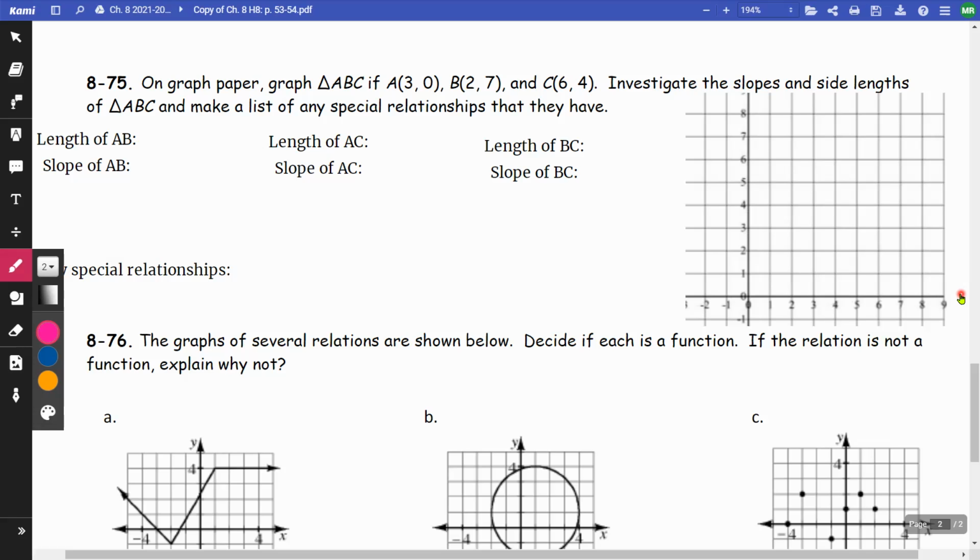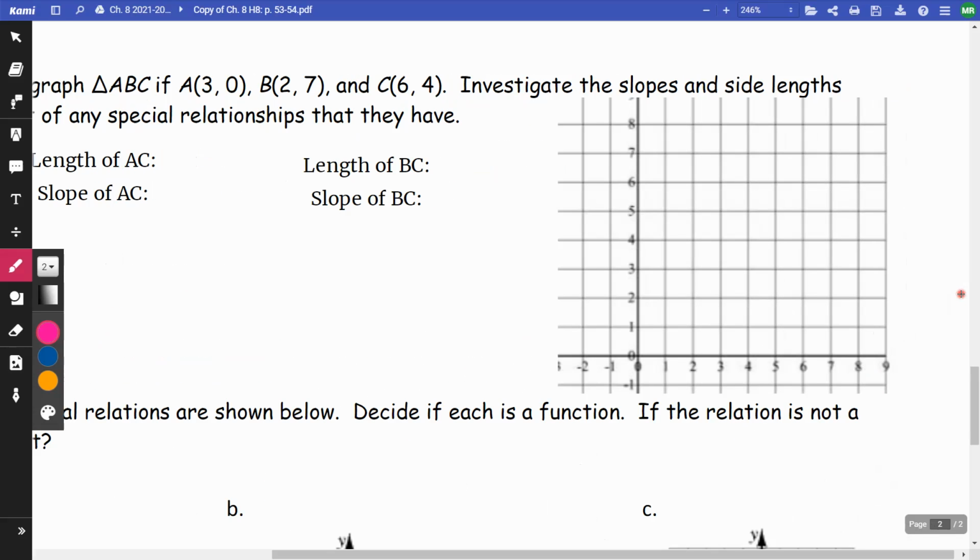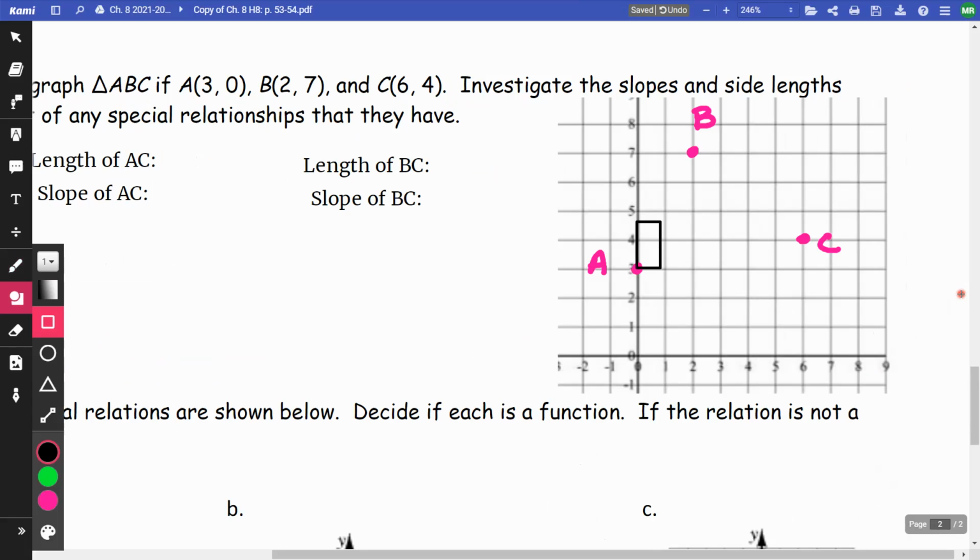Okay, so I'm going to be plotting these points, 3, 0, 2, 7, 6, 4, and let me label this A, B, C. And then I'm going to connect this. So let me draw, oops, line rectangles.